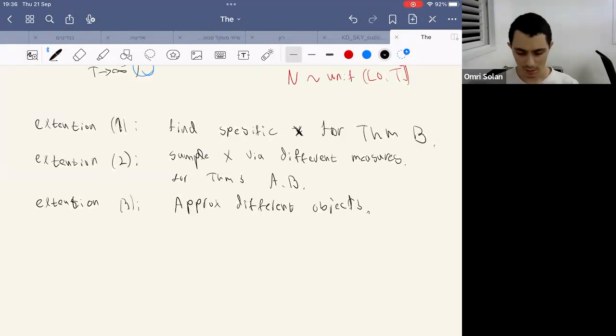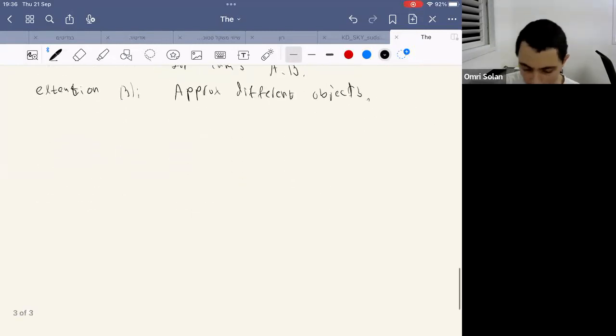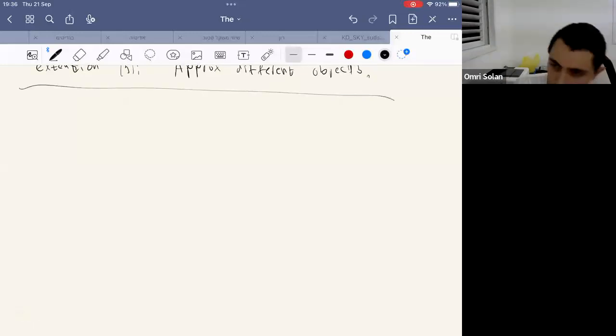We can even try to approximate numbers by different things, not only rationals but algebraic ones. And that's somehow the motivation I picked for this talk. So what I want to discuss now is algebraic approximations.